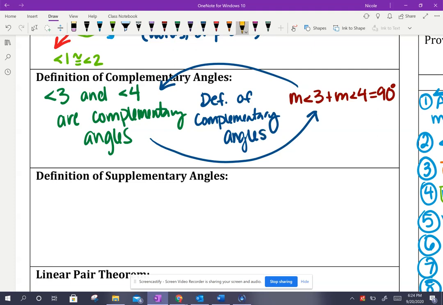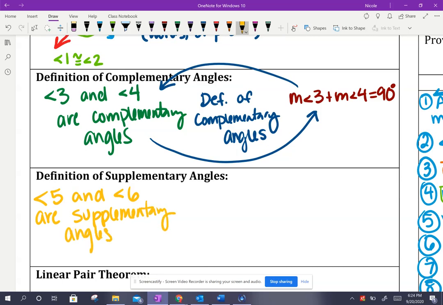Similarly, we have the definition of supplementary angles. So if I'm given angle 5 and angle 6 are supplementary angles, then we can return that with the measure of angle 5 plus the measure of angle 6 equals 180 degrees.